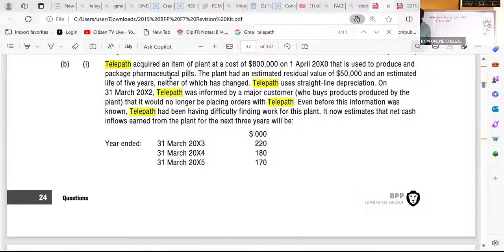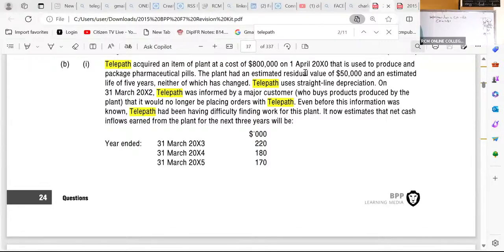Telepath acquired an item of plant at 800,000 on 1st April X0 that is used to produce and package pharmaceutical pills. The plant had an estimated residual value of 50,000 and an estimated life of 5 years, neither of which has changed. Telepath uses straight line depreciation.